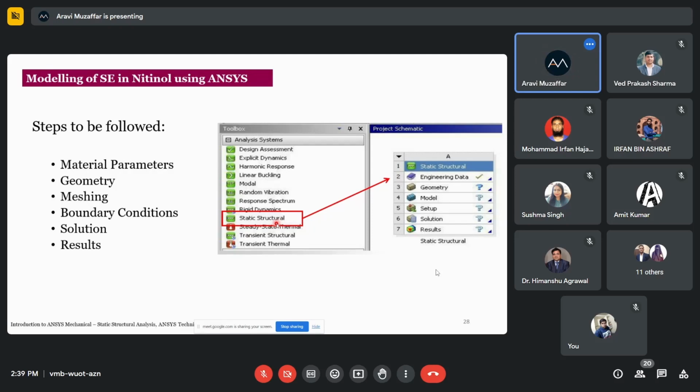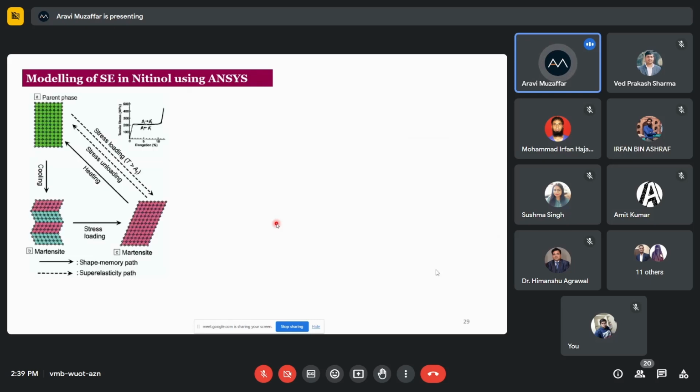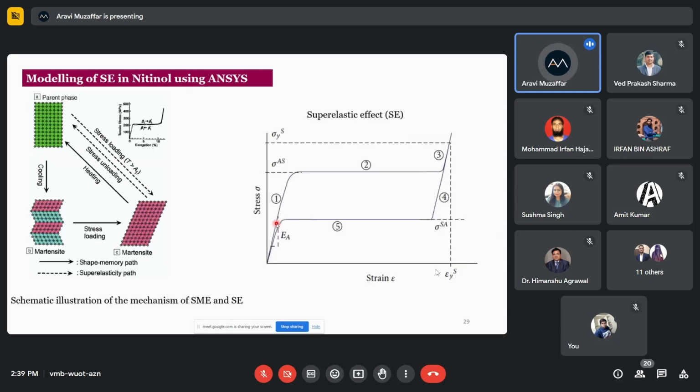For material parameters, in this particular case there is a specific model for nitinol, for shape memory alloys, present in Ansys, wherein we have this characteristic plateau. This characteristic plot is what is utilized in order to get the input parameters and input them into Ansys, so that the same superelasticity can be applied in Ansys.